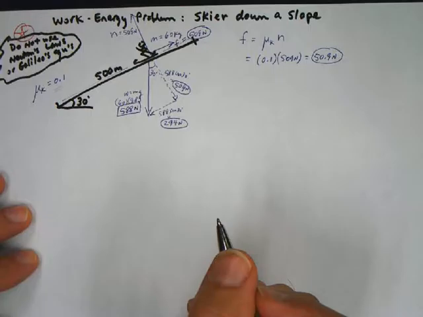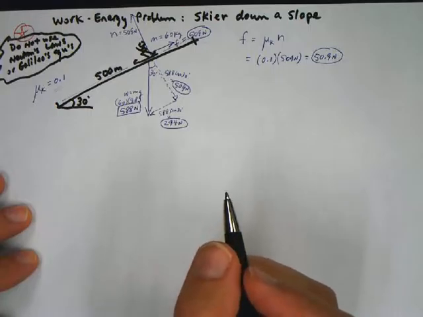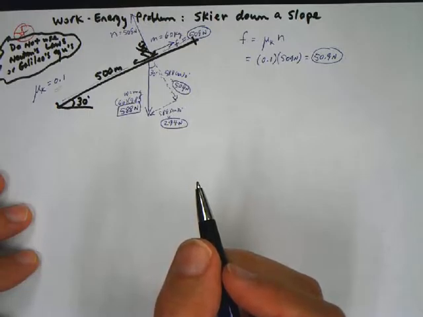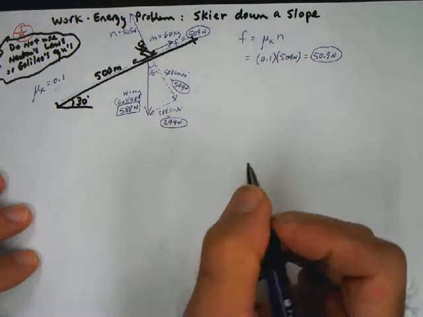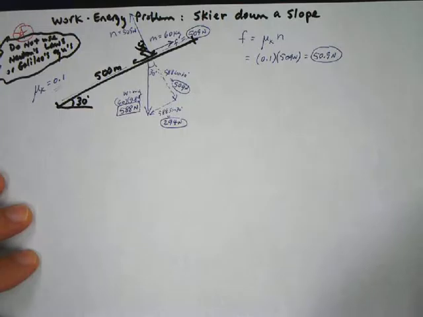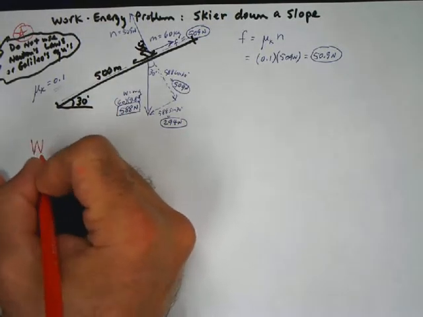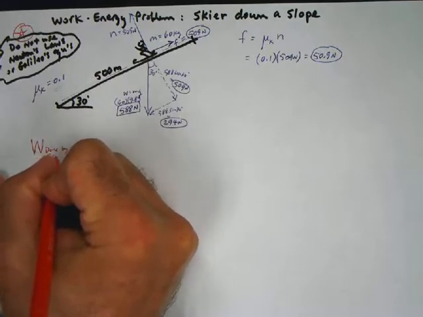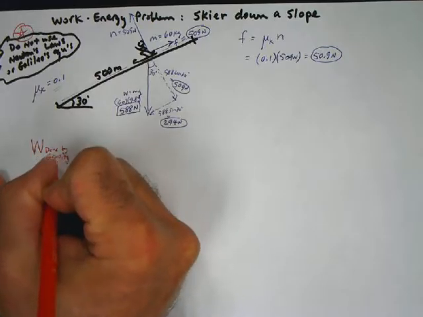Okay, well, first of all, let's consider the amount of work done by these different forces. Let's consider the work done by gravity on the skier.